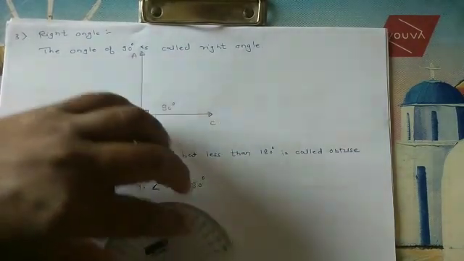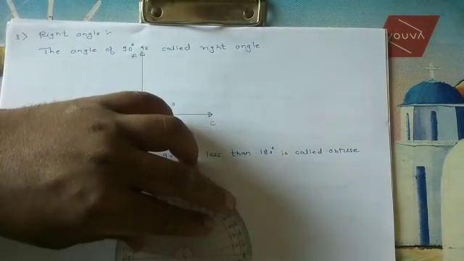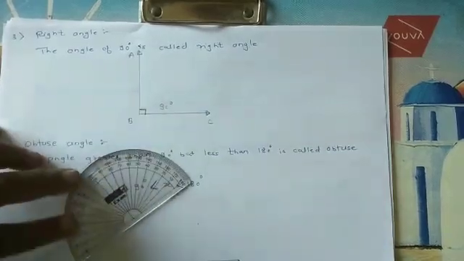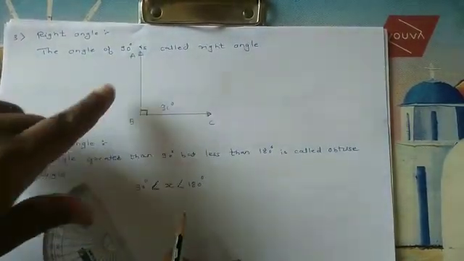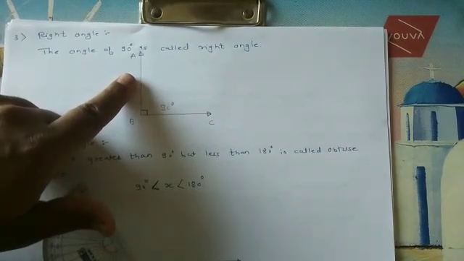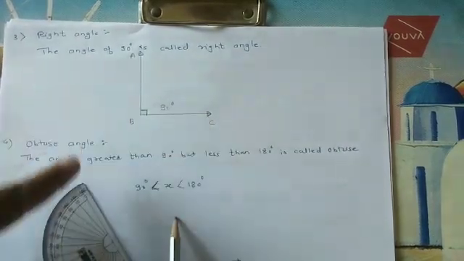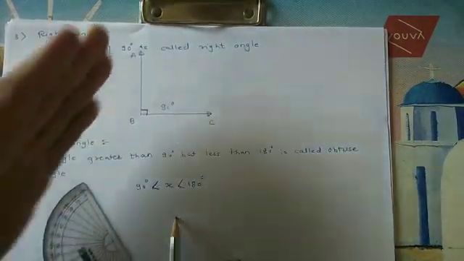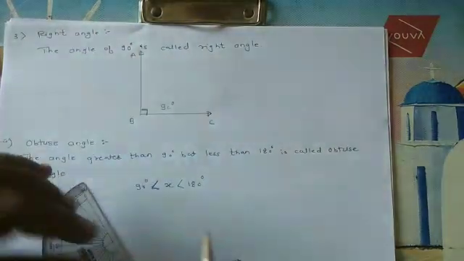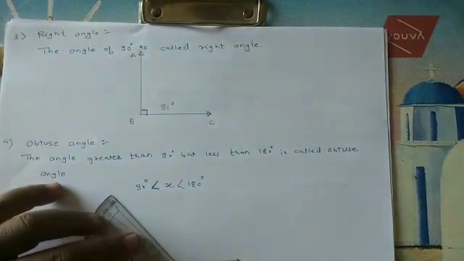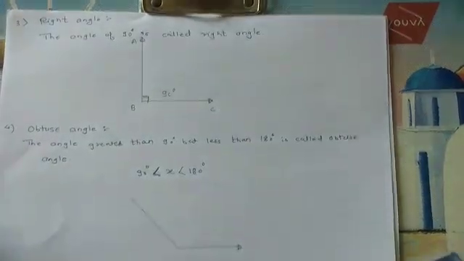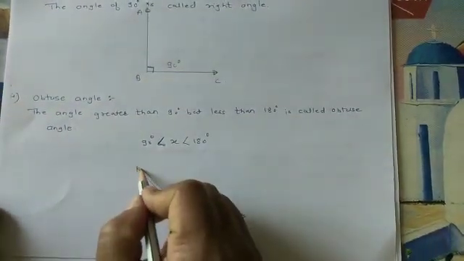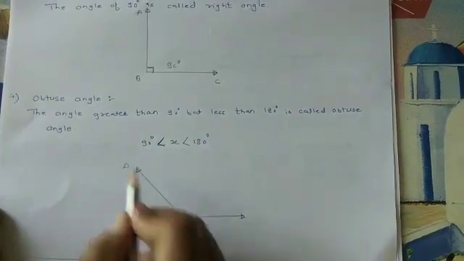Now see, I draw a first line, and we already studied the 90 degree angle, so here is the 90 degree, but your obtuse angle is greater than 90, meaning you have to draw on the left side of this. Suppose I draw a second line like this, and again I give the name angle ABC to the angle.